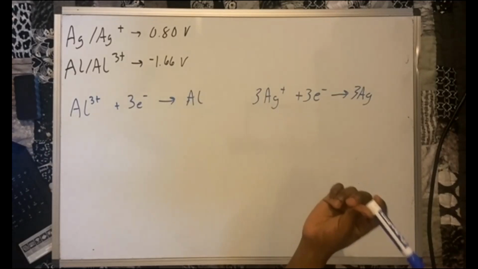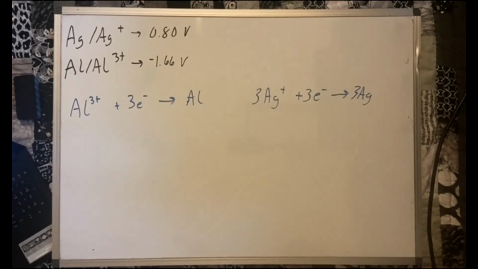So you could just look at your chart, if he gives you that chart, and see which one's higher. The higher it is, the more likely it's going to be reduced.